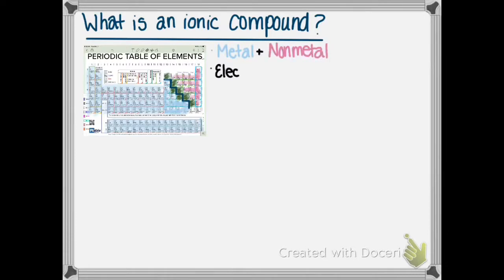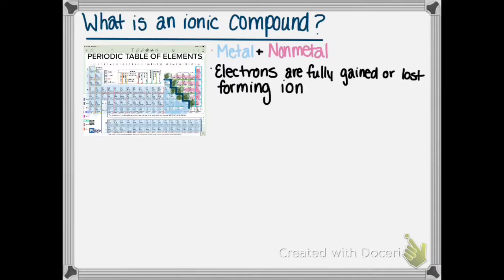There are two reasons it's different from a covalent bond. It's between a metal and a nonmetal, and electrons are either fully gained or lost, forming ions. That's why it's called an ionic bond. The word ion is literally in it. So in ionic bonds, metals and nonmetals form bonds by forming ions, either gaining or losing electrons.